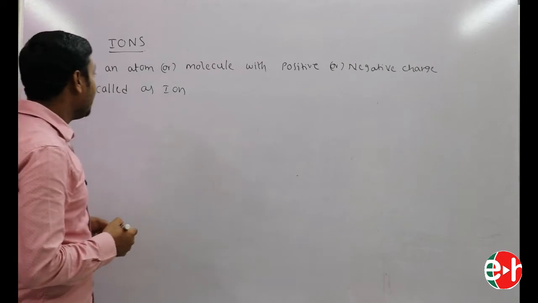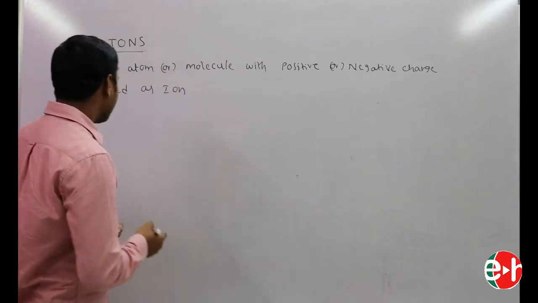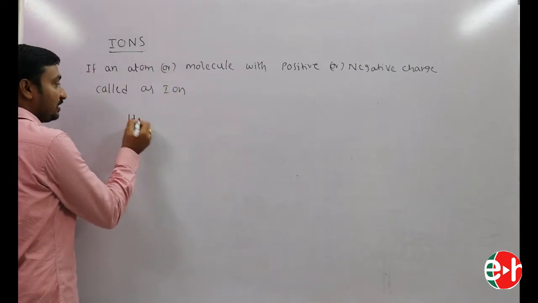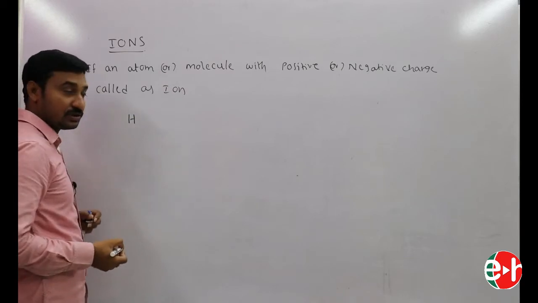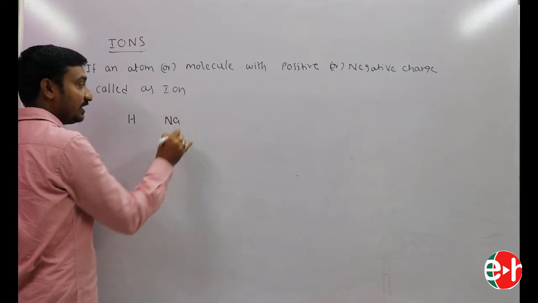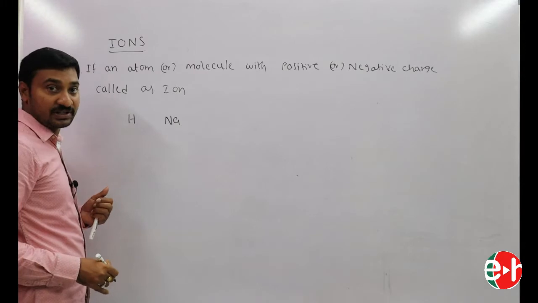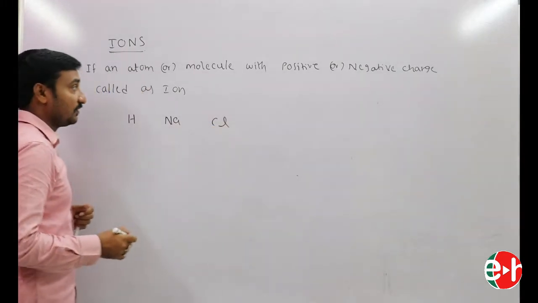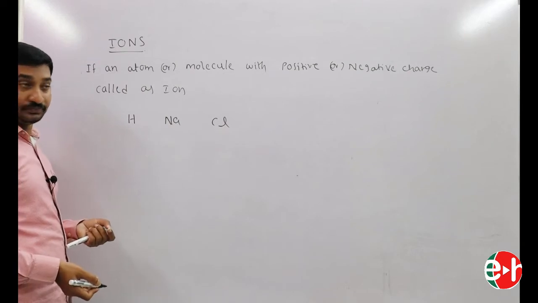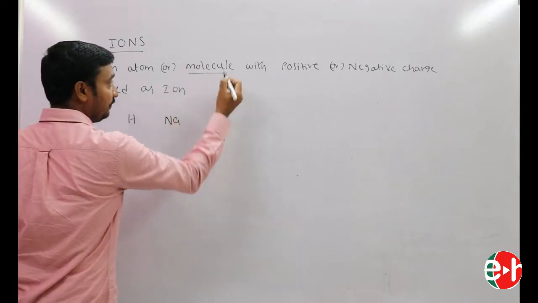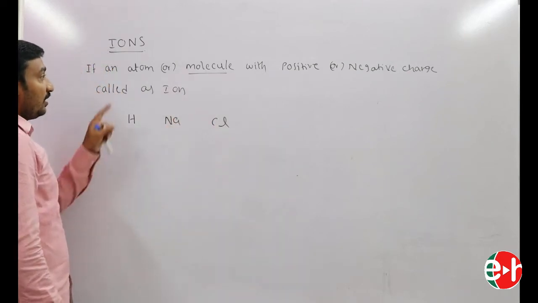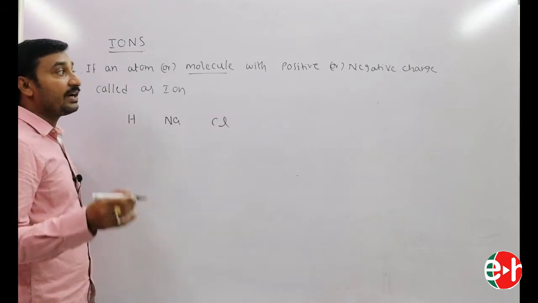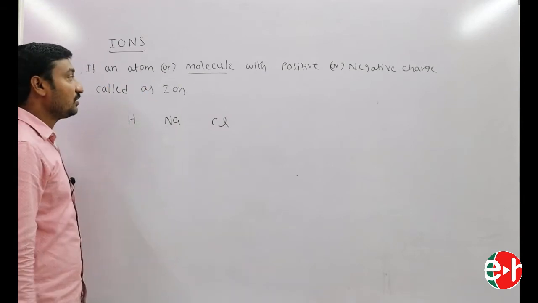Tell me. If an atom means, for example, you can take H, hydrogen atom, Na, sodium atom, already we discussed in the previous lecture, sodium atom, Cl, chlorine atom, or molecule, okay, with positive or negative charge called what?